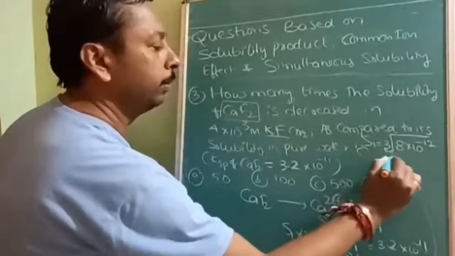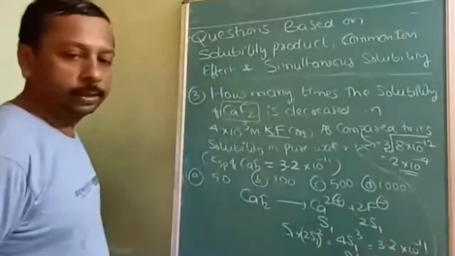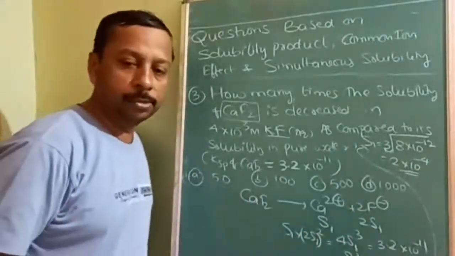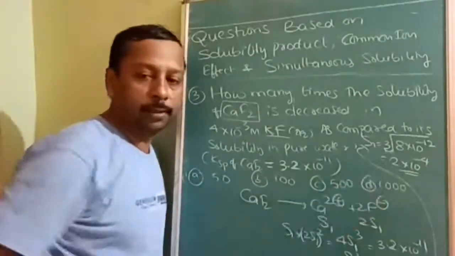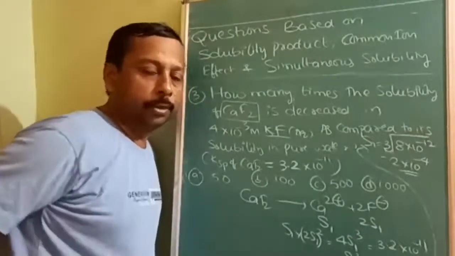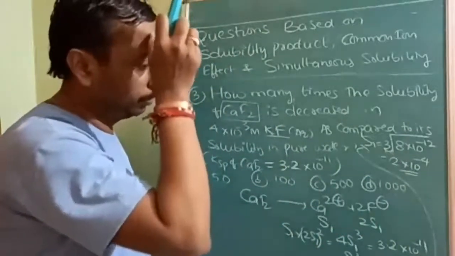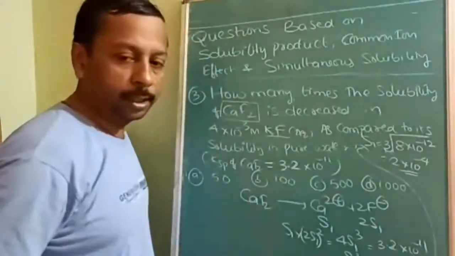S1 is the cube root of that, so that will be 2 into 10 to the power of minus 4. This is S1. Any doubt, you can ask me.